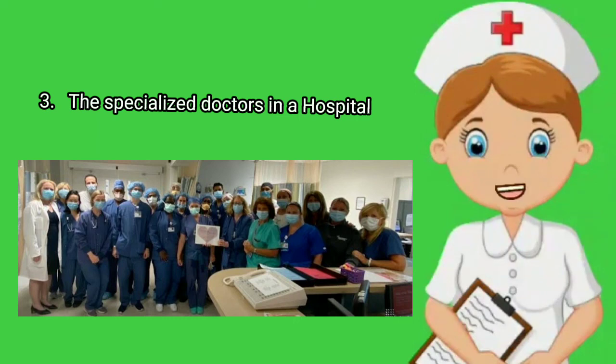An ophthalmologist is a doctor who has expertise in dealing with eye health problems. In addition to conducting eye examinations, ophthalmologists can also prescribe medication or glasses and perform eye surgery.